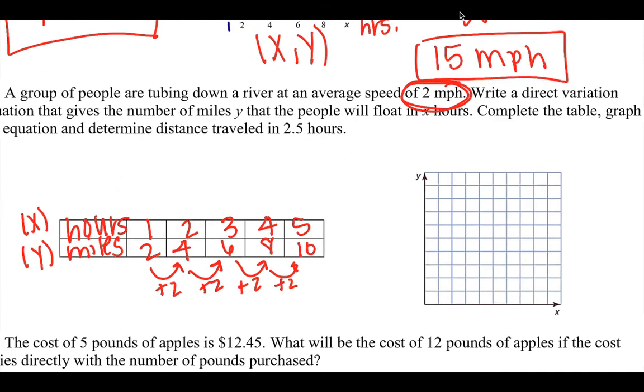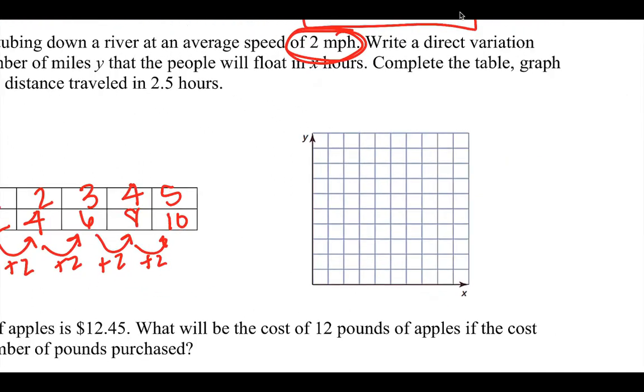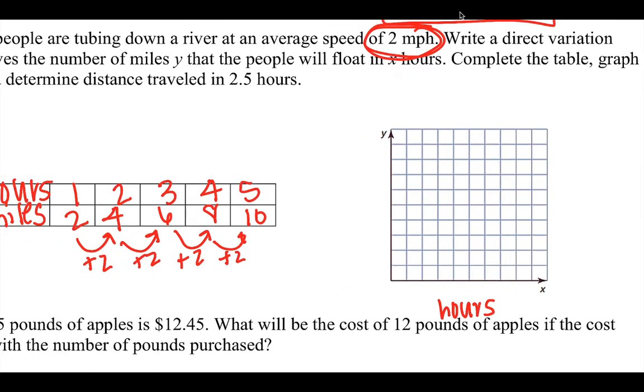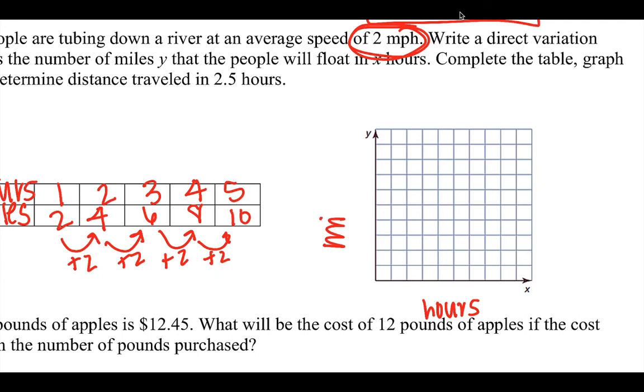So then if I graph down here, x again, this is my hours. And then over here on this side would be my miles. 0, 1, 2, 3, 4, 5, 6, 7, 8, 9.